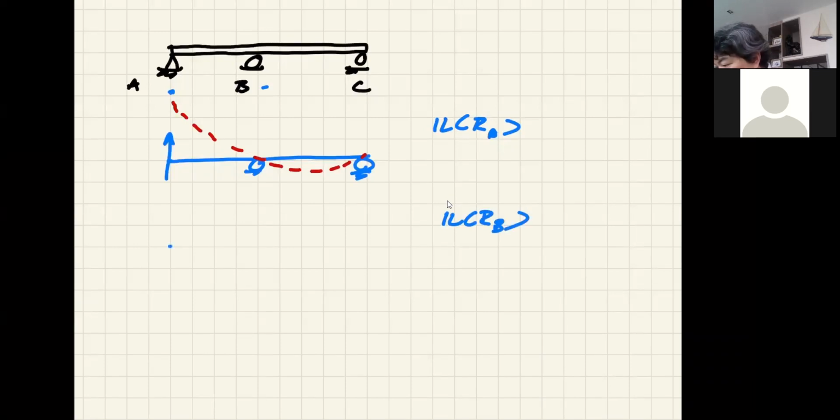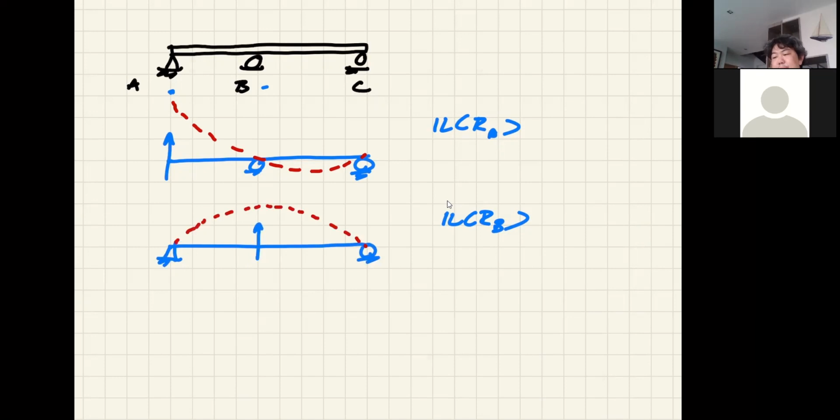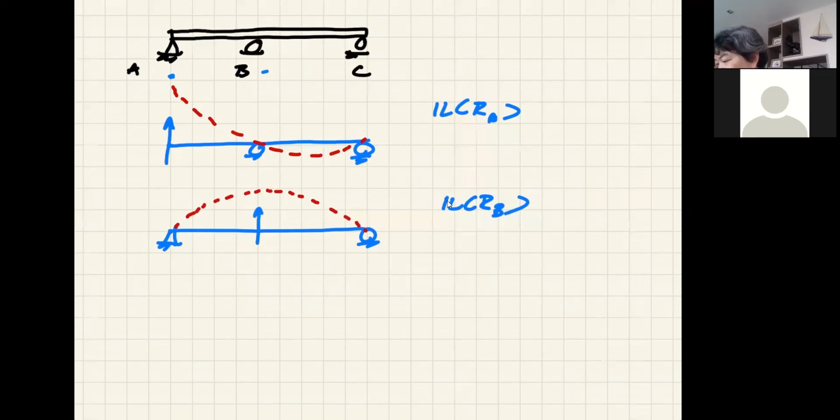If it is the influence line of RB, I will maintain my RA and RC, and I will allow RB to go free. What's going to happen? It's just going to go up like this, right? It is a simple beam being pushed by a point load now. And RC, you can guess it's going to be somewhat similar to RA, but let's complete the plot.